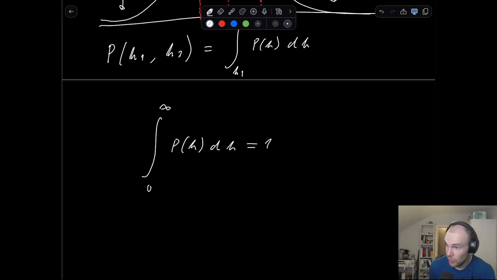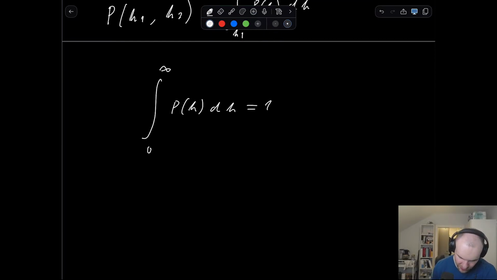And it should, because you can't have negative heights, and if I go to infinite height, I cover all the heights. This is also one of the reasons why this isn't a Gaussian distribution, because usually with a Gaussian you go from minus infinity. Also, it doesn't make sense to have an infinite height either, because I don't think there's a person above 3 meters.